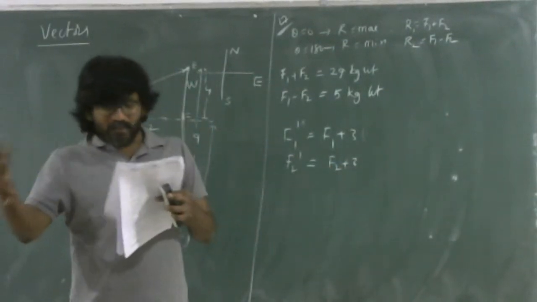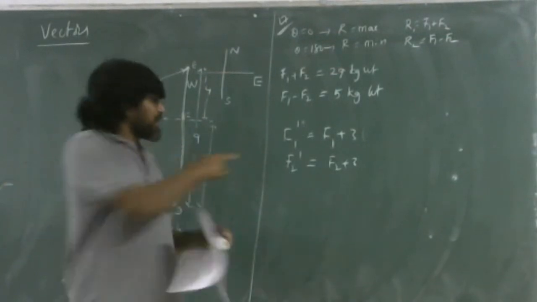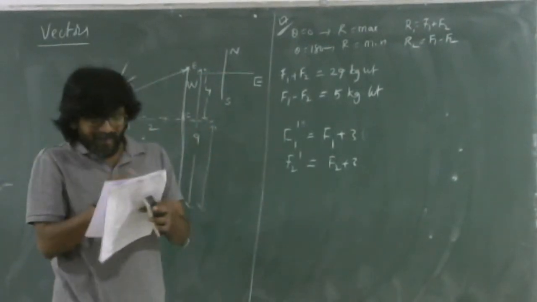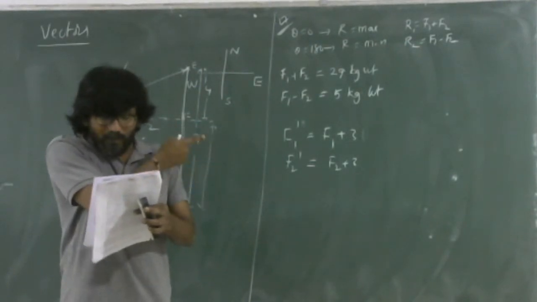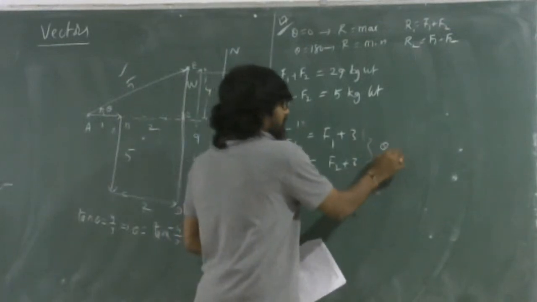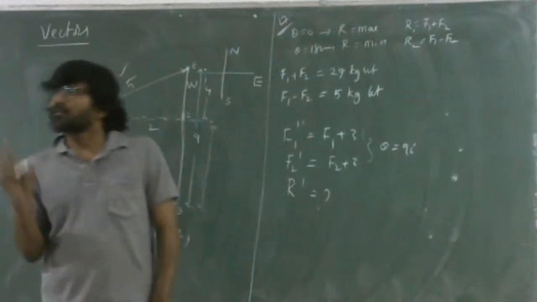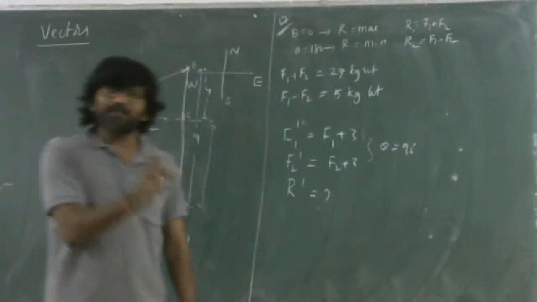What is the magnitude of the resultant of the new forces acting at right angles, if they make theta equal to 90? The new resultant is the question. Is the question clear? Is what is given clear?